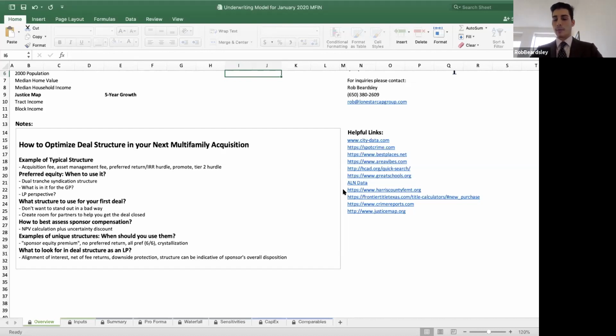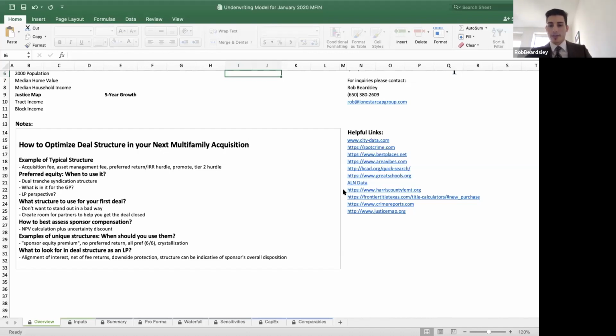So you might say, well, I'm only charging a 1% asset management fee, but your property management fee is 5%, right? So you're above market. What is most typical is an all-in management fee, property management plus asset management, of anywhere from 4 to 6%.